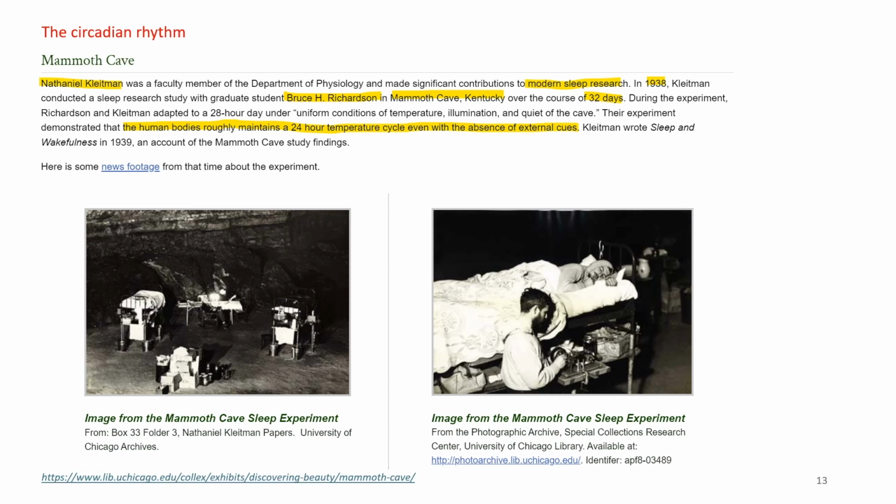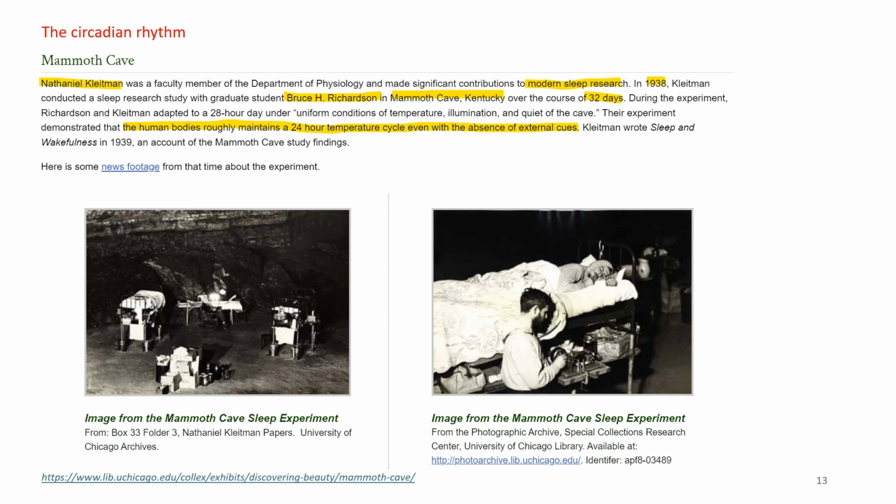The circadian rhythm reflects the alternation of sleep and wake cycles over typically a period of 24 hours. A pioneer of the study of the circadian rhythm was Nathaniel Kleitman, who, together with his student Bruce Richardson, in 1938 descended into the Mammoth Cave in Kentucky and spent 32 days.